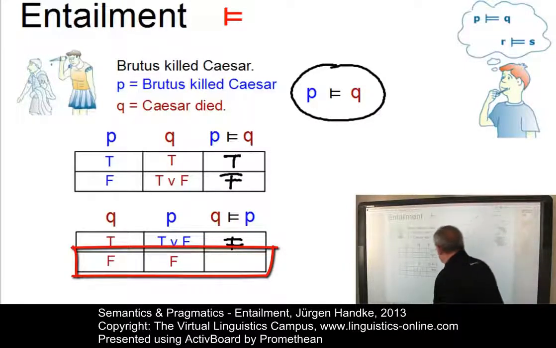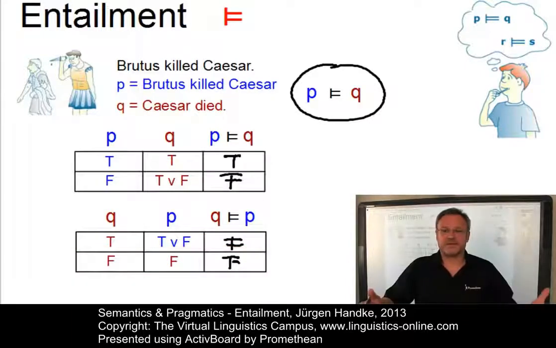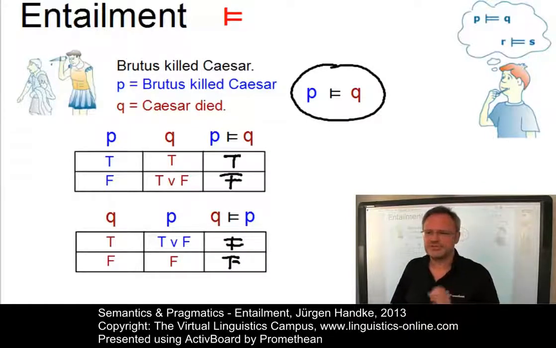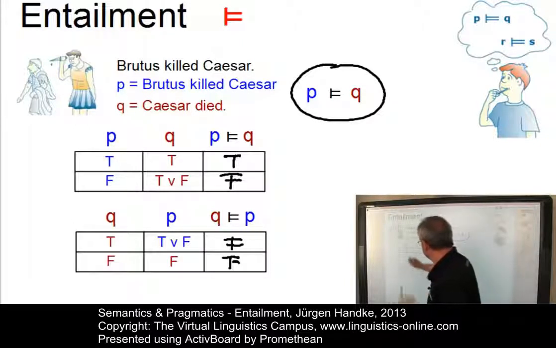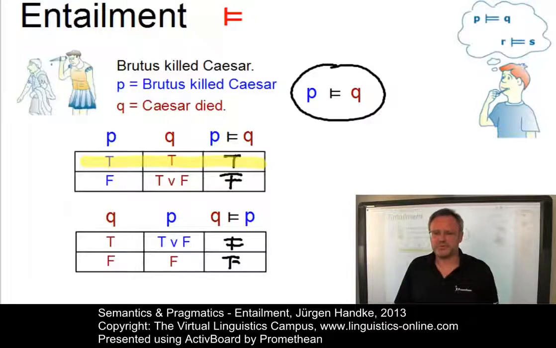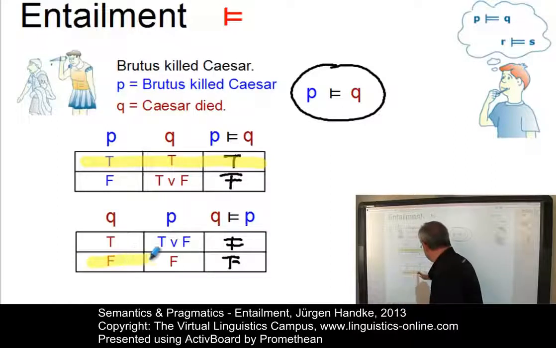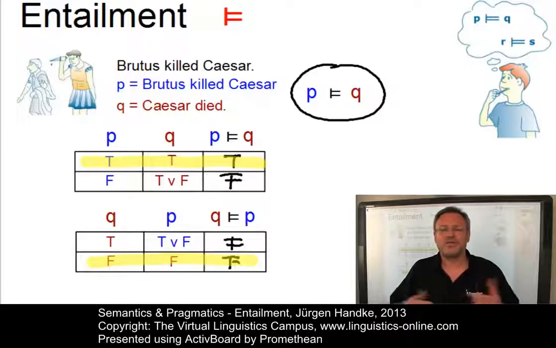In other words, the entailment relationship is also not valid here. In other words, entailment is a logical relationship between two propositions such that the truth of the first proposition P guarantees the truth of the second proposition Q. And also the falsity of Q guarantees the falsity of P.